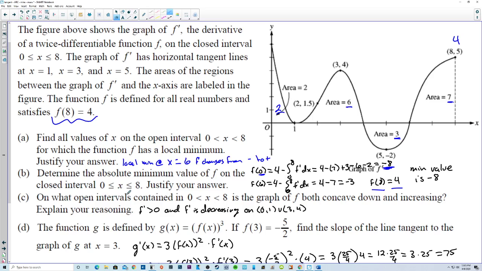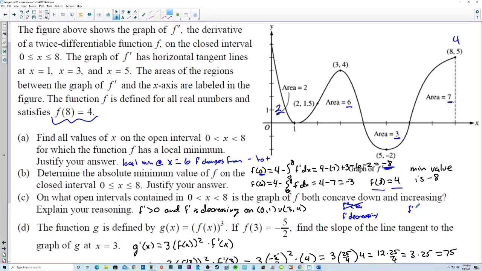C, on what open intervals contained in 0 to 8 is the graph of f both concave down and increasing? So where is the second derivative negative, or where is f prime decreasing? Decreasing, because we really don't have information about the second derivative. We do very indirectly, but if we're given f prime, we have to talk about f prime. So where is f both concave down and increasing?